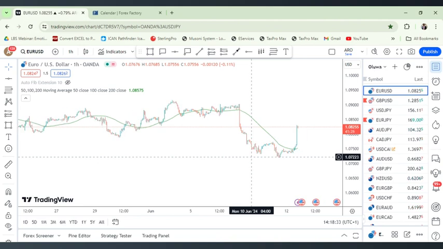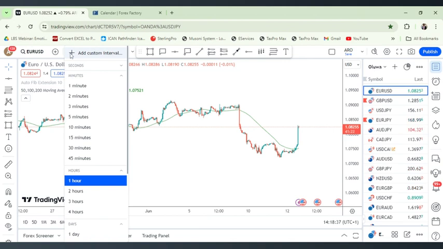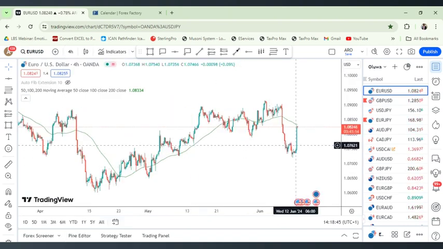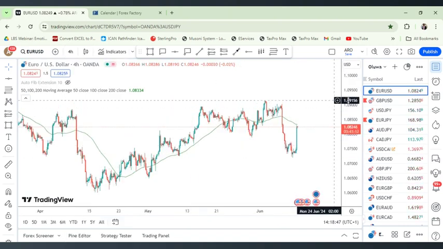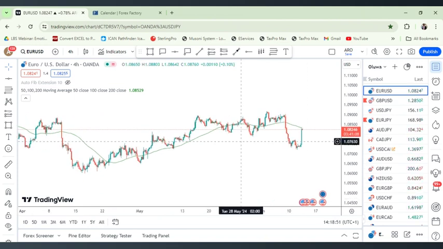Before we trade this market, let's check what is really happening in the longer time frame. Let's see the 4 hours time frame and see what is happening there.